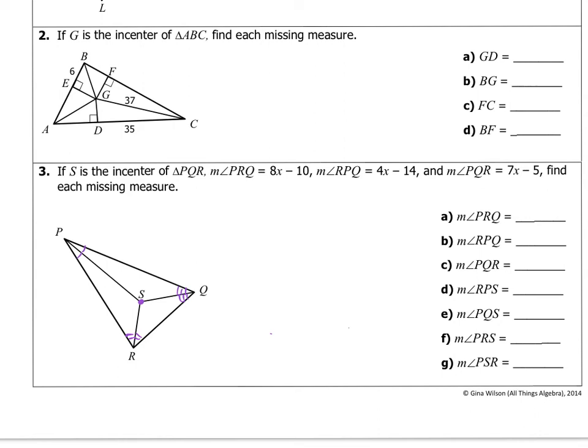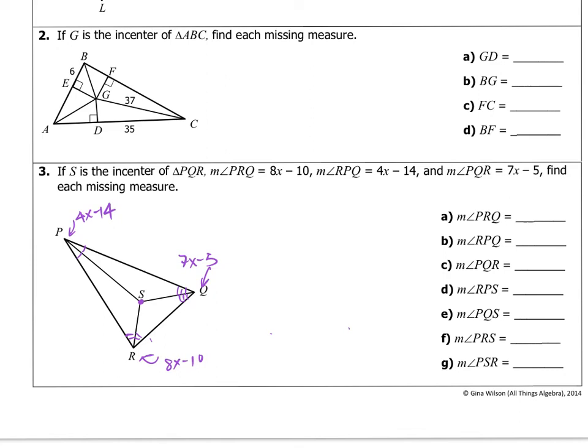The angle measure for PRQ, this whole thing, is 8x minus 10. Angle measure of RPQ, this whole angle P, is 4x minus 14. And PQR, right here, is 7x minus 5. I'm asked to find each missing angle.